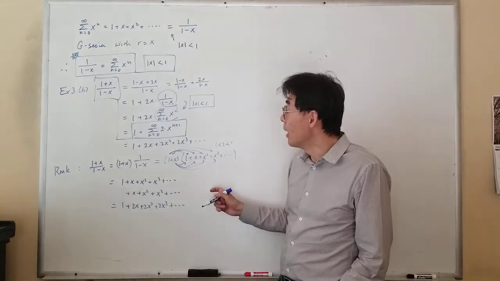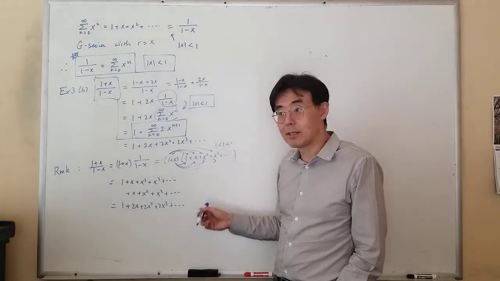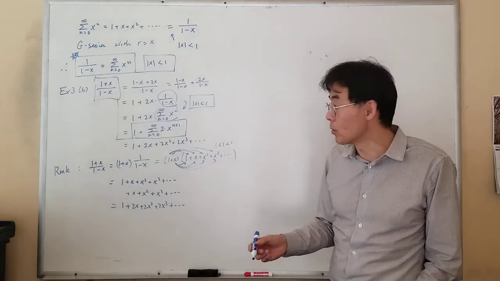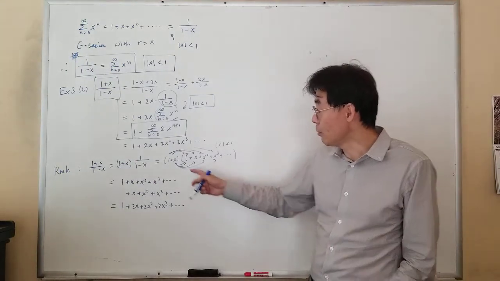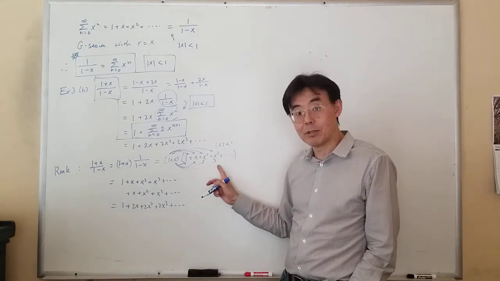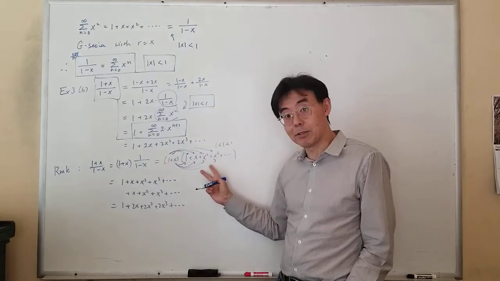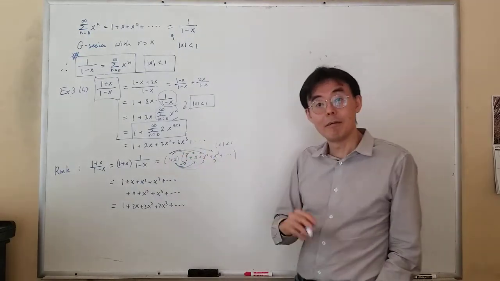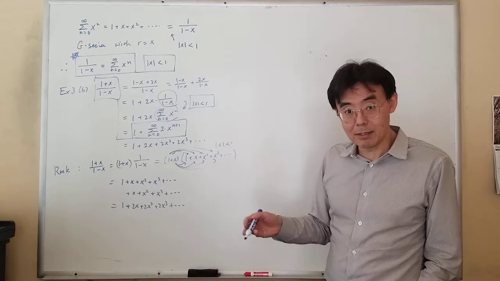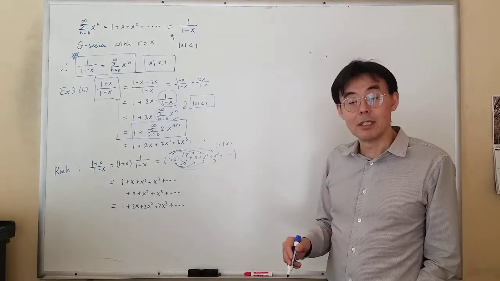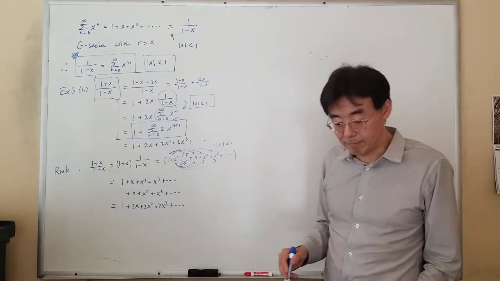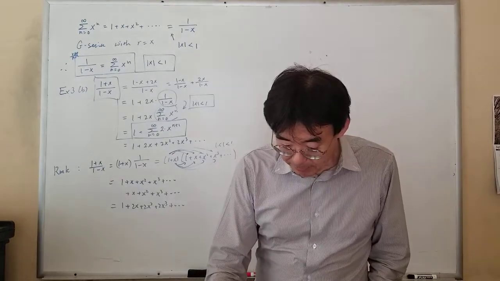Okay, we don't prove this, but in more advanced math courses, you show that not only polynomial versus power series, but power series versus power series, infinite foiling is still possible within the interval of convergence. Okay? All right.